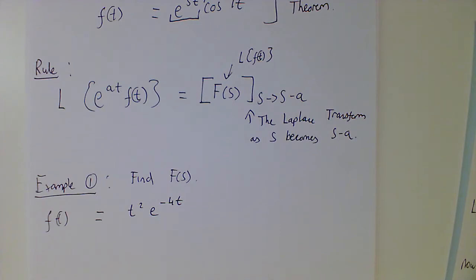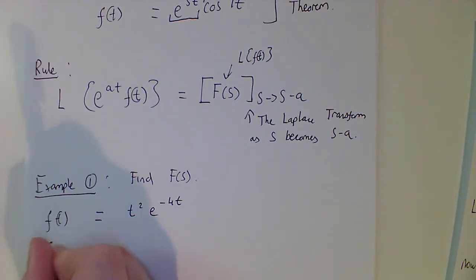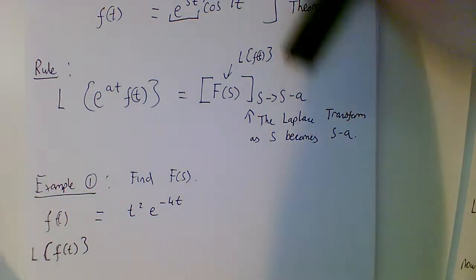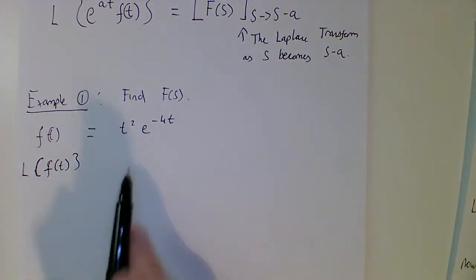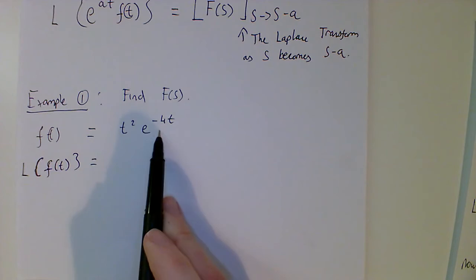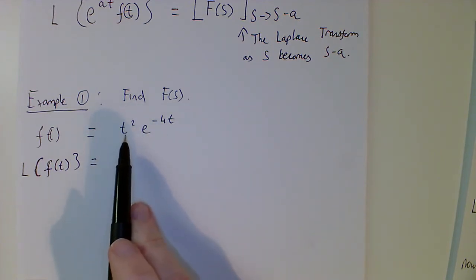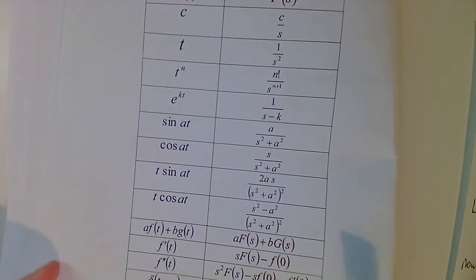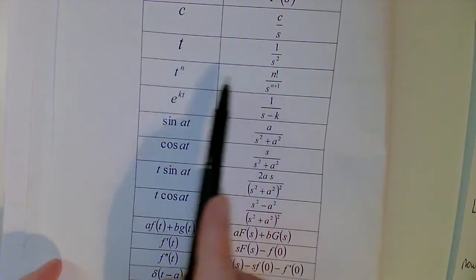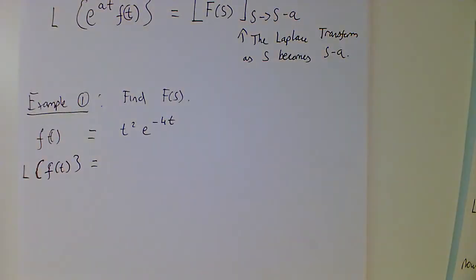Right, so I want to find the Laplace transform of f of t. Now, I can see it's an exponential multiplying something that I can normally Laplace transform using my table on page number 18 of my booklet. So t squared would mean I would use this one here.